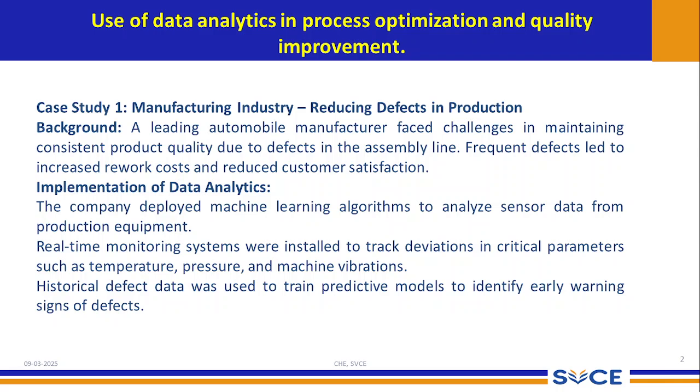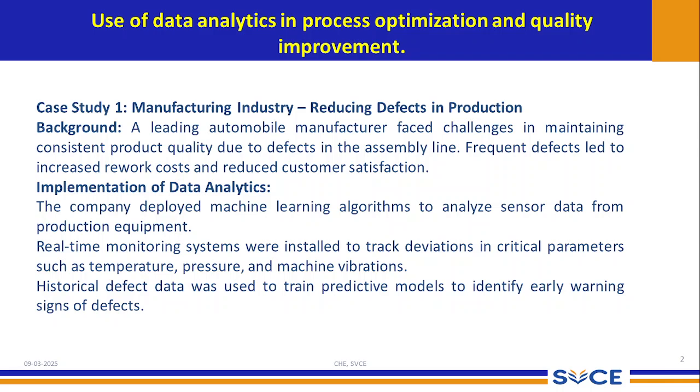Real-time monitoring systems were installed to track deviations in critical parameters such as temperature, pressure and machine vibration. Underline the words real-time monitoring system; it is very important for maintaining consistent output. This will be a data collecting source where we give the input to the machine learning algorithm, so that the algorithm proactively measures things and lets us know where the difficulties are and how to overcome them.